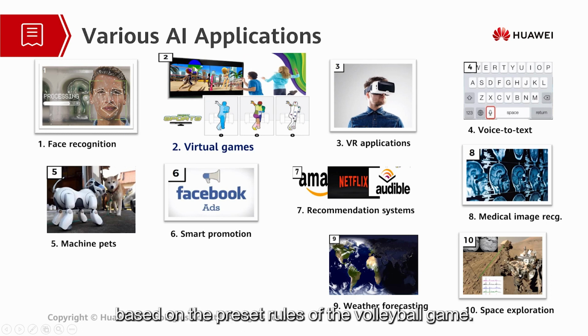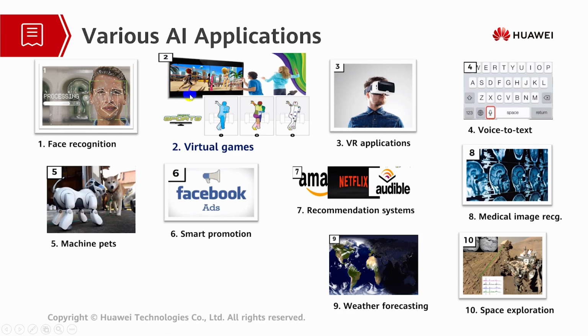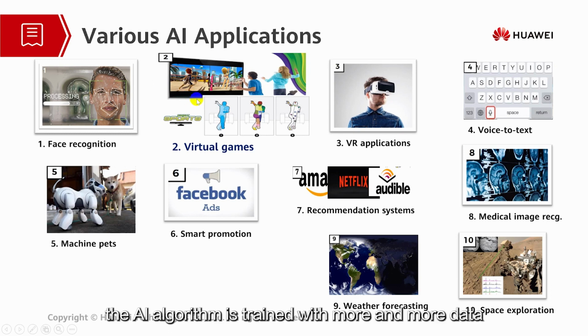Then, while we mimic our moves in volleyball, our opponent, the computer, plays its move based on the preset rules of the volleyball game. But the more we play, the more data is collected by the camera for analysis by AI algorithms. Over time, the algorithm is trained with more and more data and gradually learns about our playing habits, strengths, and weaknesses.